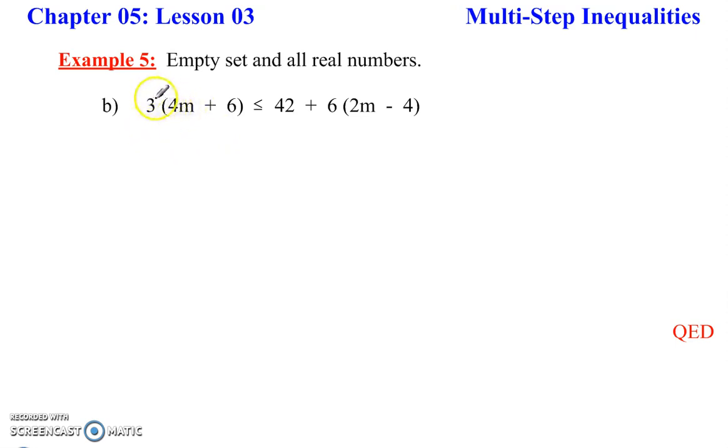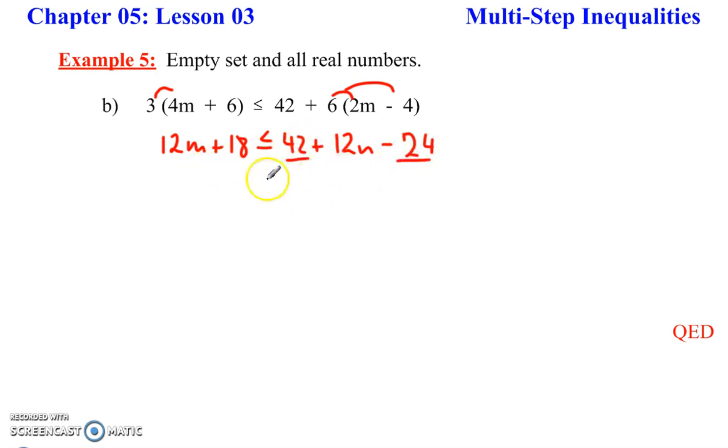In this case, distributive property: 12m plus 18 is less than or equal to 42 plus 6 times 2 is 12m minus 24. Alright, then we can combine like terms here. 12m plus 18 is less than or equal to 12m plus 18.